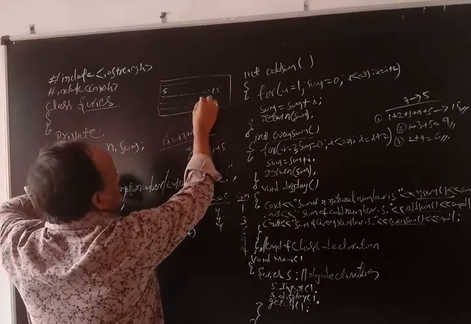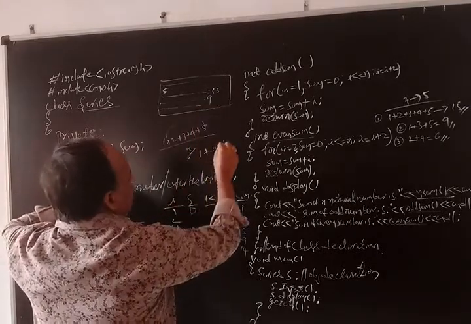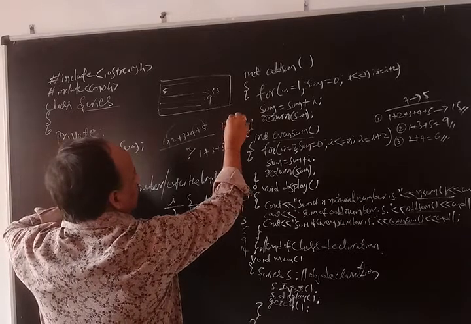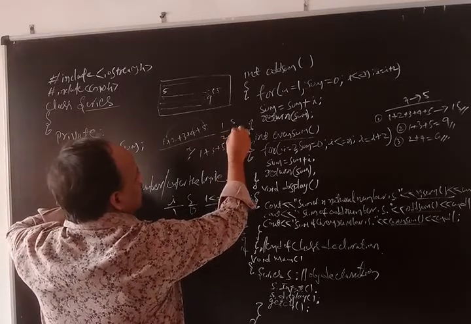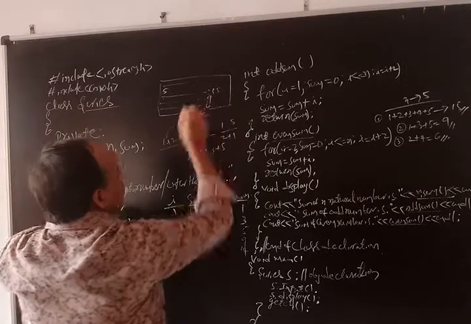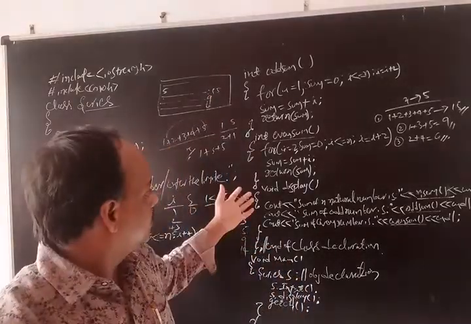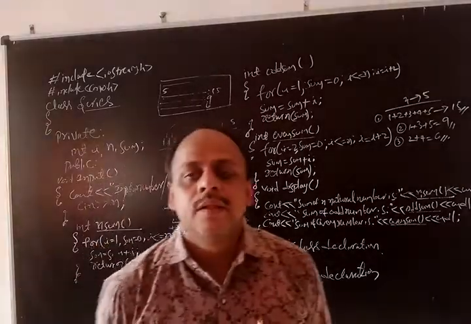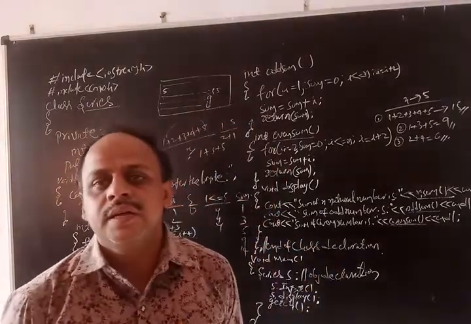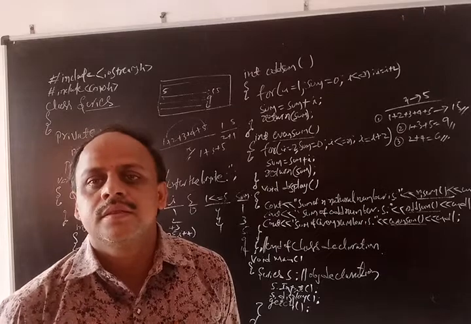Sum of even number is even numbers between 1 to 5, that means 2 plus 4, 6, 6 is printing, right? In this way we have to find sum of the given 3 series.